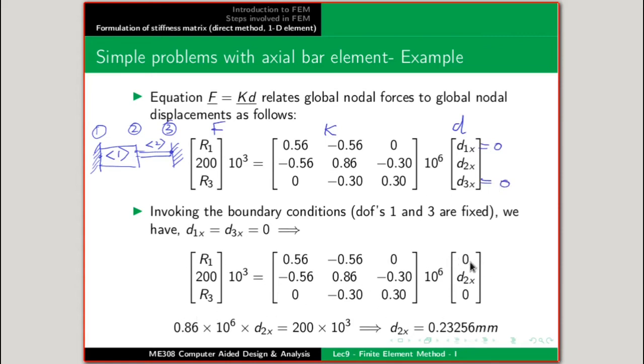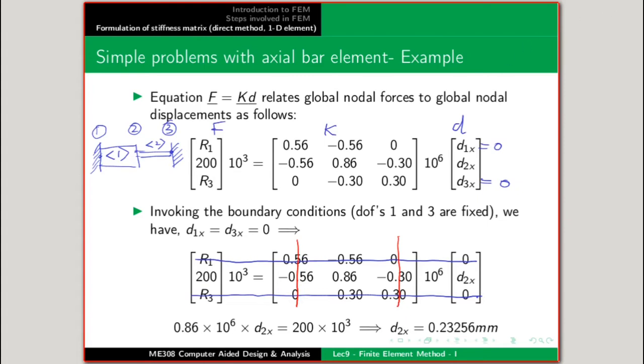After applying the boundary condition, since the displacement d1x is equal to 0 and d3x is equal to 0, we can remove the entire first row and the last row. Similarly, since the displacements at the first and third positions are 0, in the global stiffness matrix we can remove the first column and the last column.